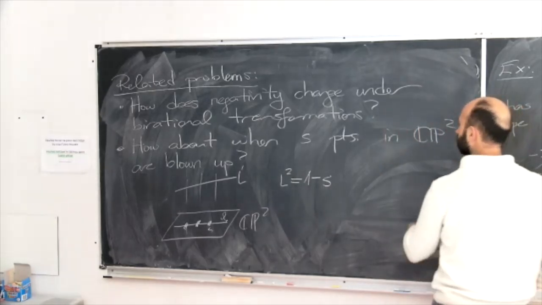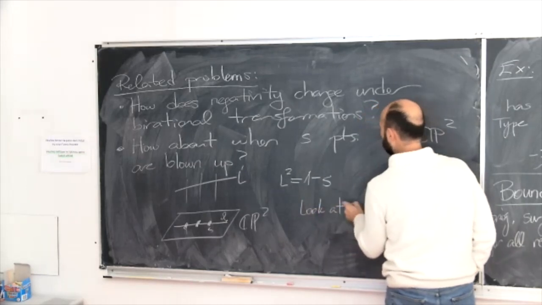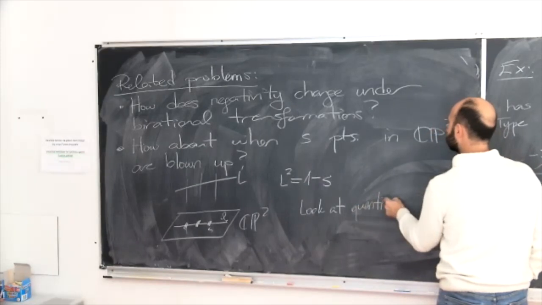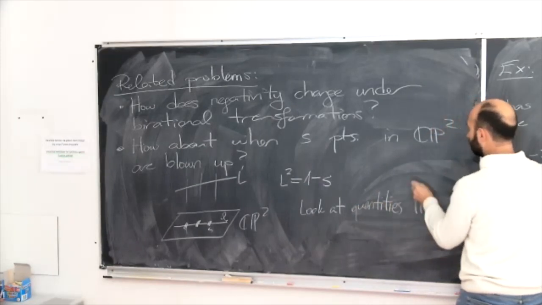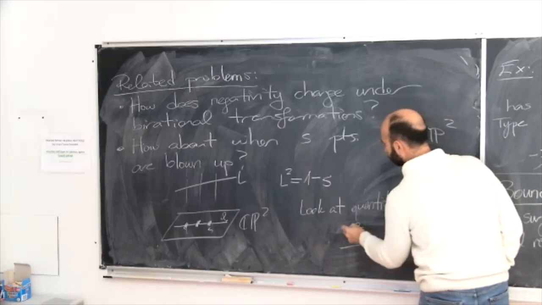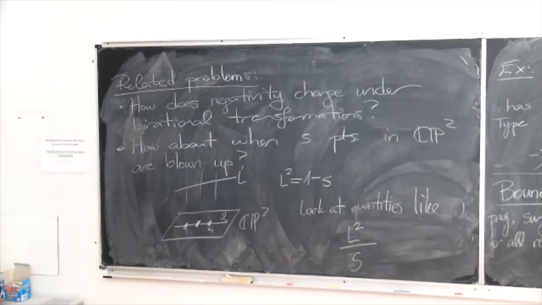So look at quantities like L squared over s, the ratio of this negative self-intersection divided by the number of blown up points instead.